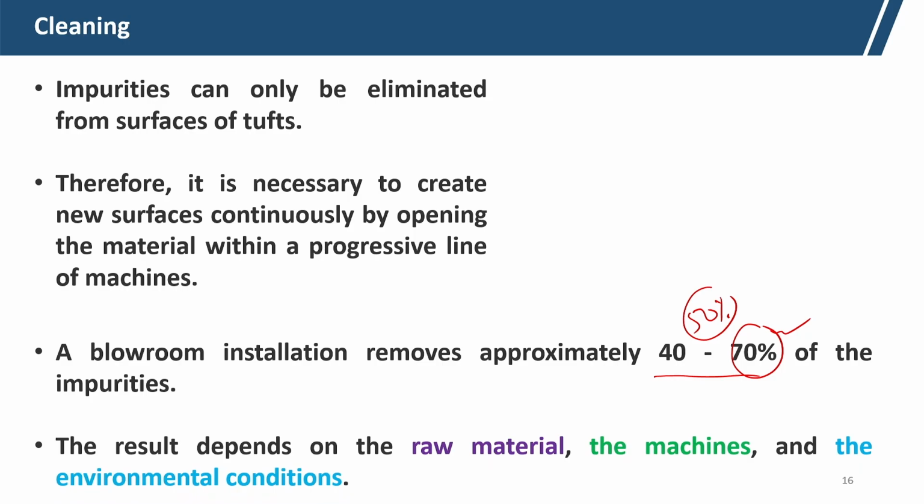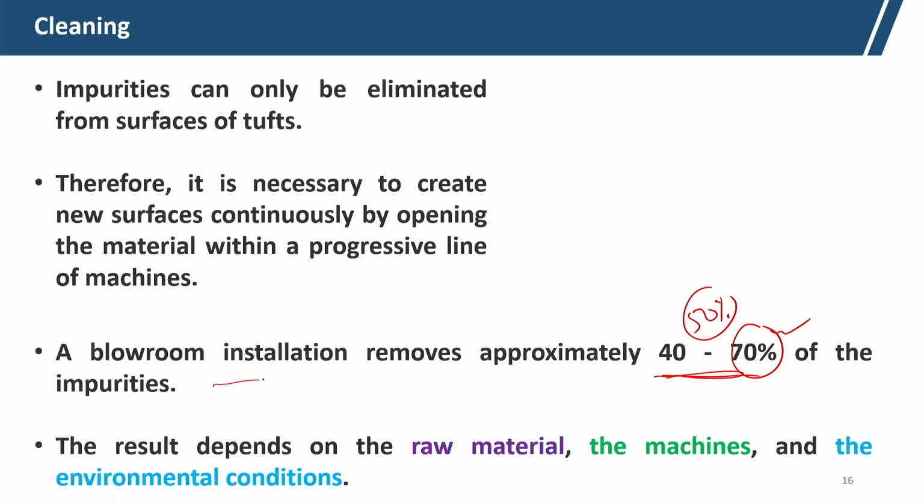The result depends on the raw material, the machines and the environmental condition. So, if the raw material has got heavy trash, that will remove more particles, and if there is fine trash particle in lower quantity, then the removal efficiency will be less.